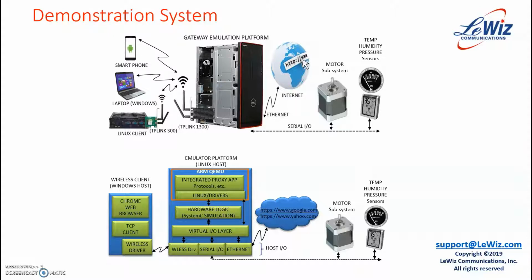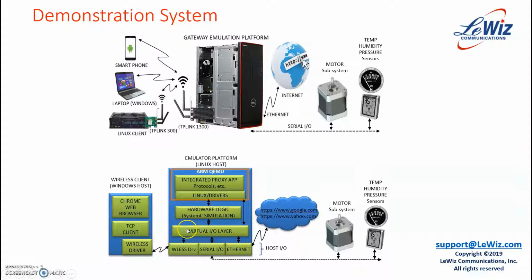In terms of the software in the system, if you look at the top here, this will emulate the CPU, so it runs things like the Linux operating system, the device drivers, and it runs our integrated proxy. The hardware, such as the Ethernet controller, runs in SystemC emulation.